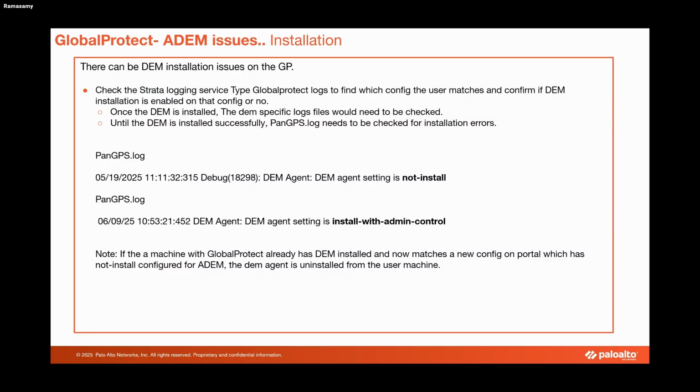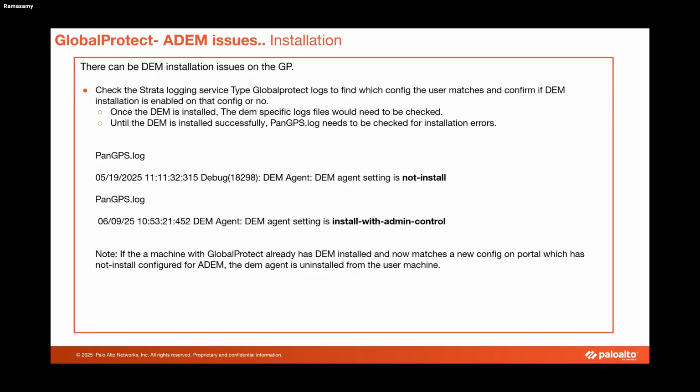For ADEM installation issues on GlobalProtect, first make sure the user is matching the correct app settings by logging into the Strata Logging Service and selecting the GlobalProtect logs from the drop-down box to find which app settings the user is matching, and confirm if the ADEM installation is enabled in the configuration for the respective app setting.